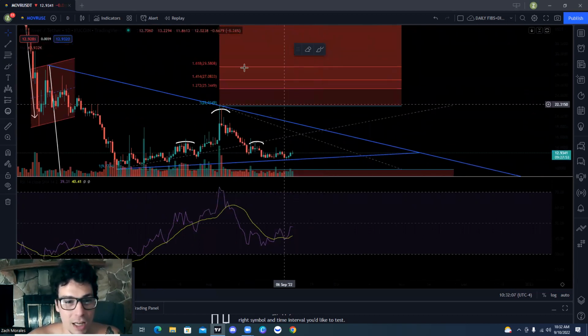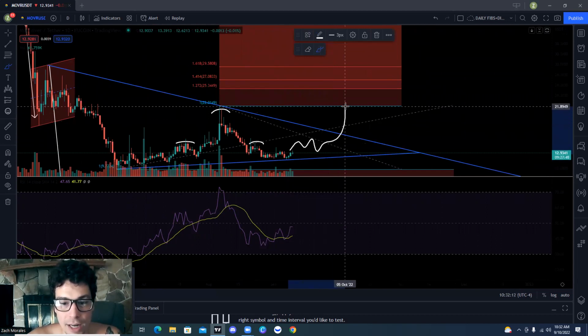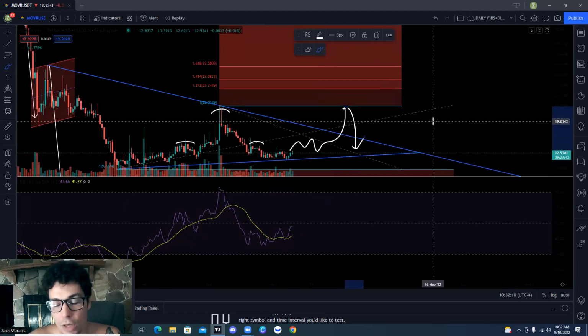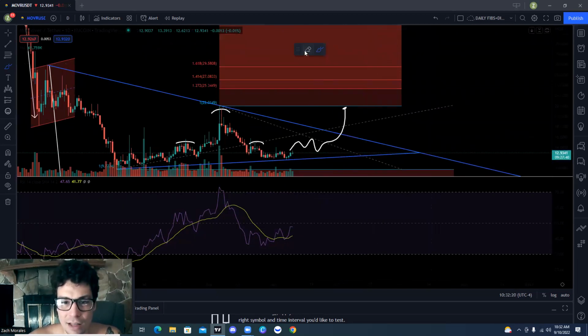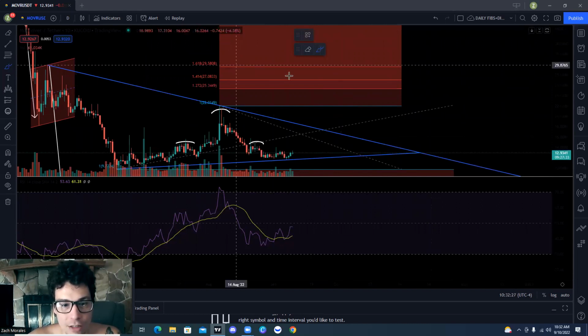Because what can happen is we can zigzag in through here. Let's say we get the breakout to the upside, but what happens if it gets rejected here? Then that was just a false breakout, we look above and fail, and we come back down. I'm not saying that's going to happen, but you want to enter into trades with a game plan.